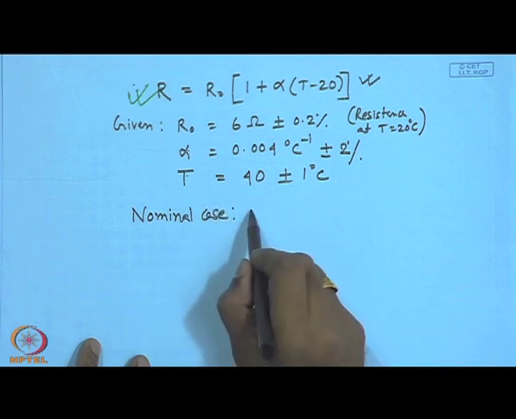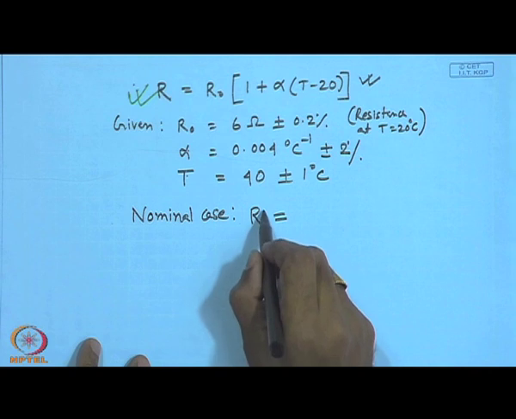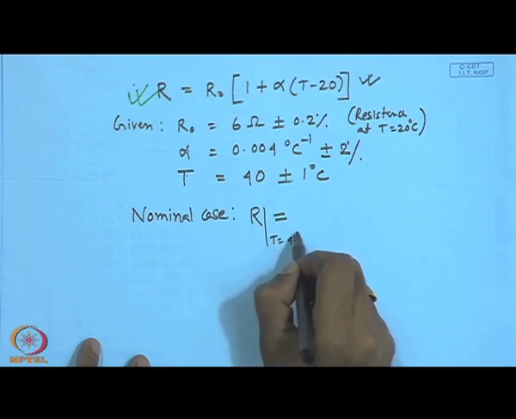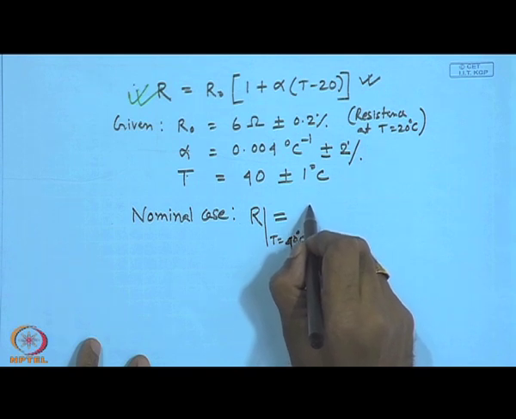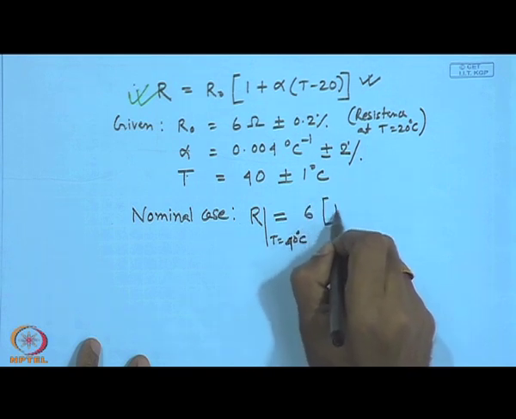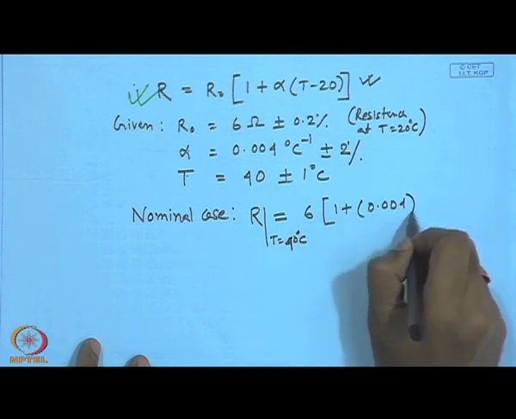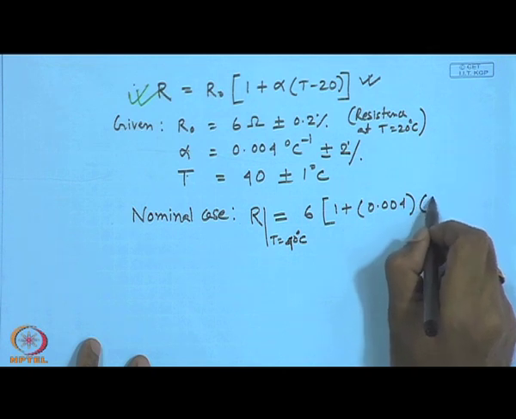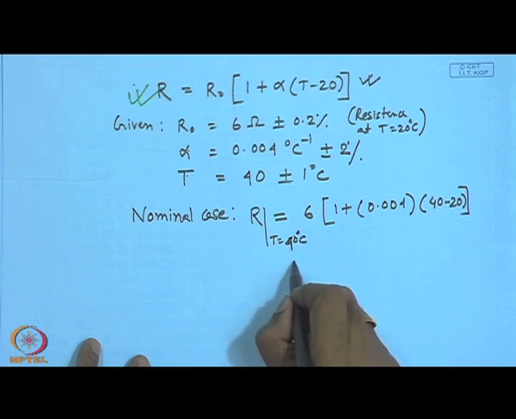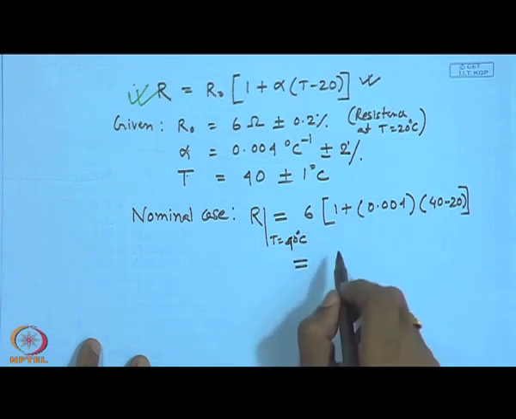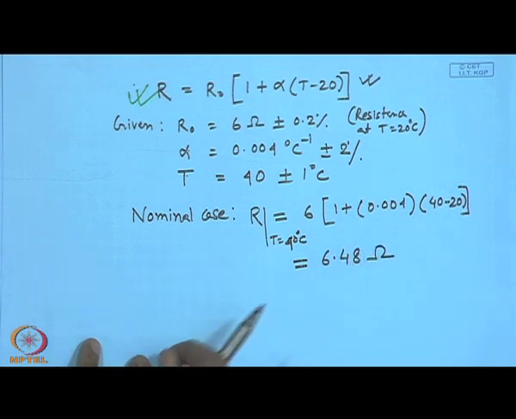So, if we do that, R at T equal to 40 degrees Celsius will be 6 into 1 plus 0.004, which is the value of alpha, into 40 minus 20. If you compute this, it will come as 6.48 ohm.